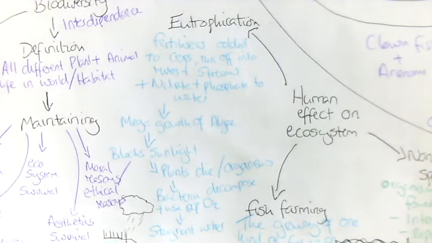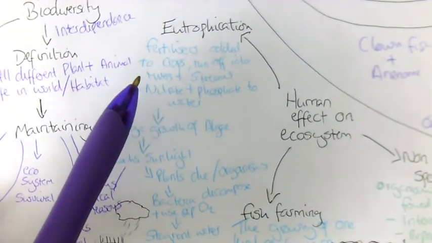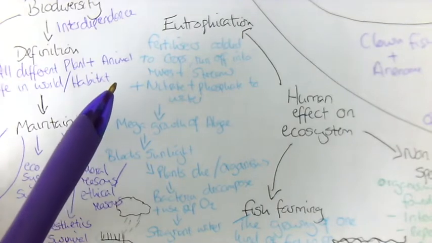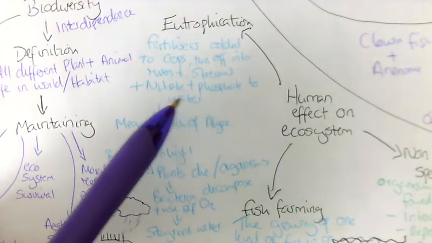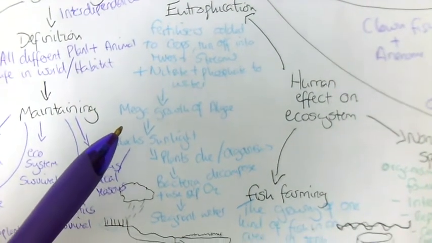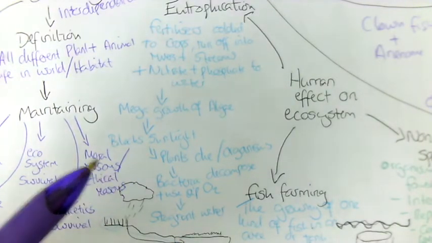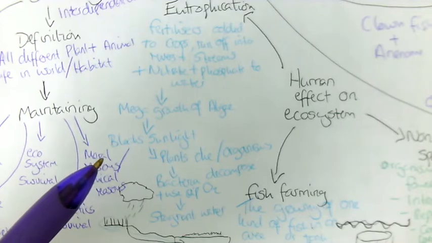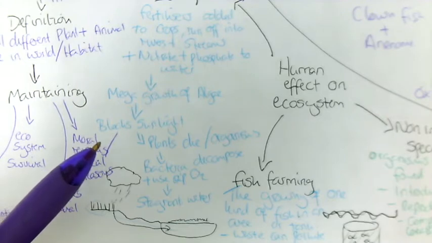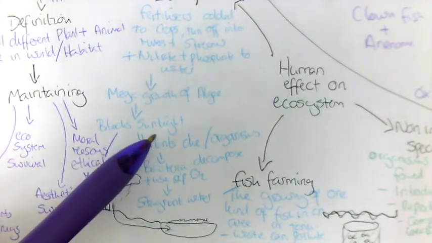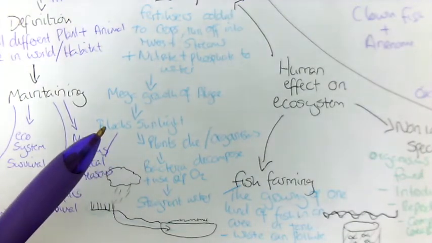Another effect on ecosystems by humans is eutrophication. That is where fertilisers are added to our crops, and as it rains they run off into our rivers and streams, adding lots of nitrates and phosphates into the water. Now algae love them and will then start to grow and reproduce as they have more nutrients. That algal bloom will block the sunlight in the river or in the lake. That means the plants at the bottom are going to die because they have little sunlight to photosynthesize.